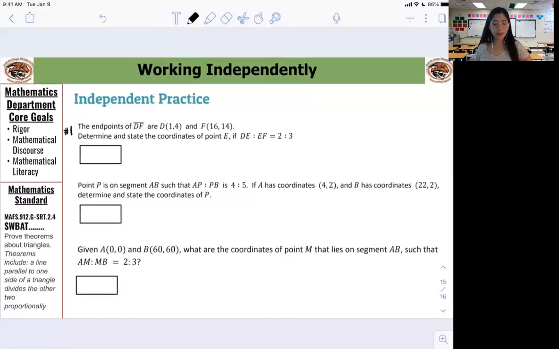So again, when you send me your answer, when you're done, send me your answer, because then I can tell you what to do next.